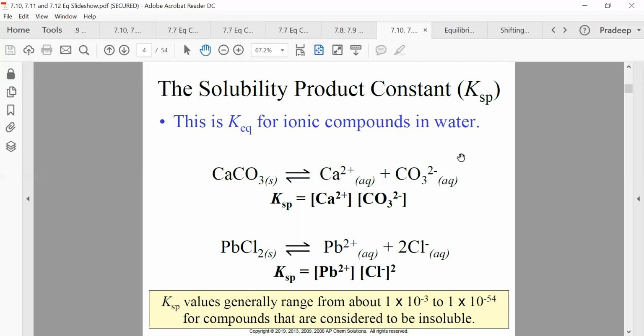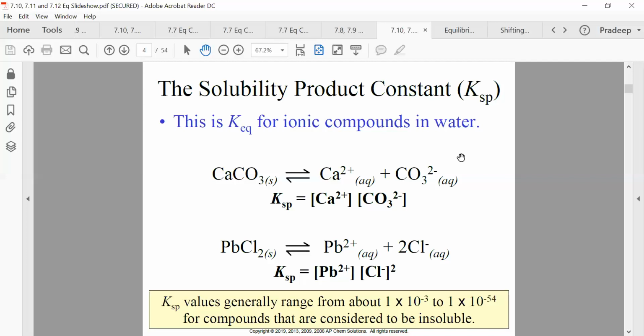But one thing to remember here is that whenever we're talking about solubility, in almost every single case, our reactants will be solids. There might be some cases where it may not be solid, but in most of the problems you'll see that the reactants are mostly solids.